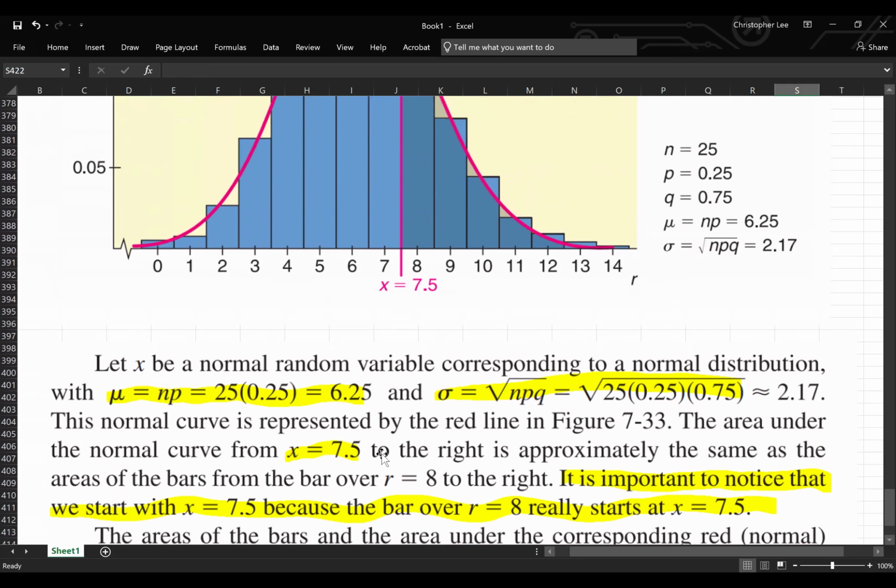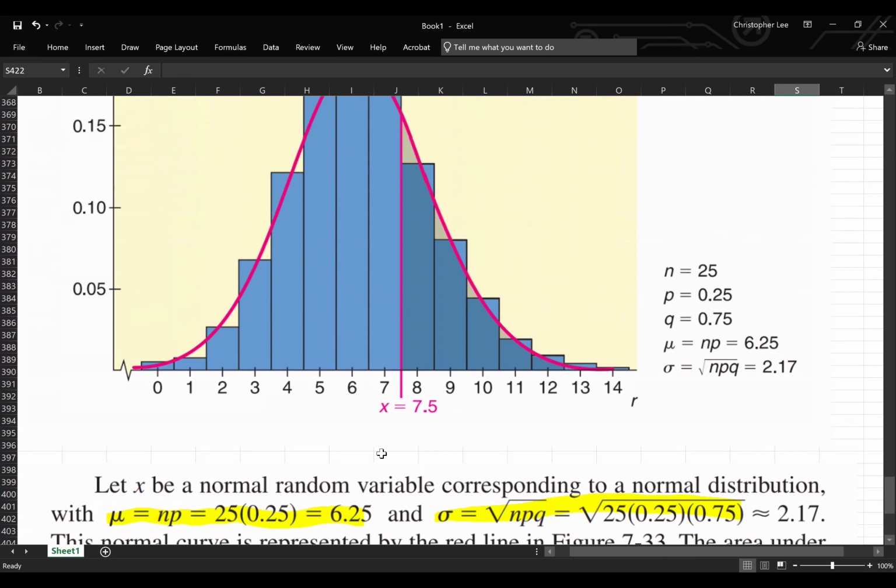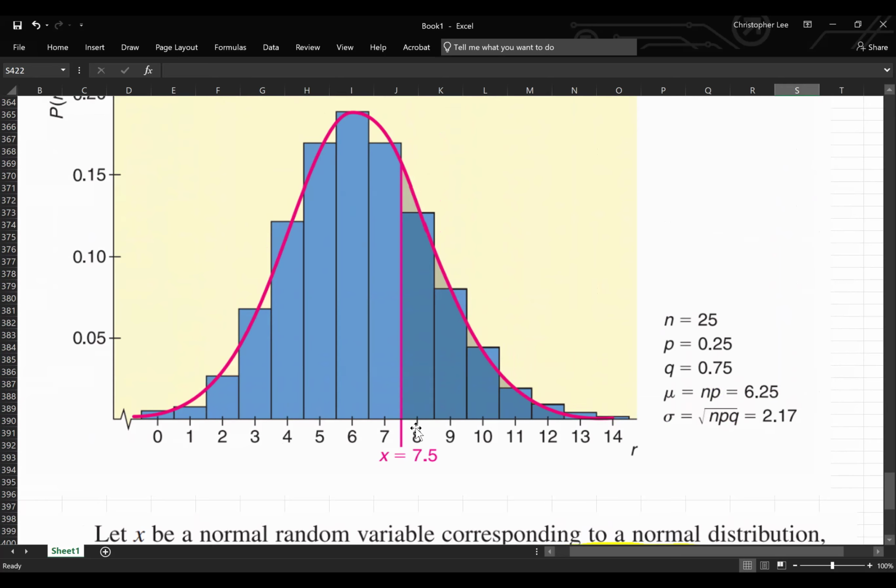This is what they're talking about, right? You remember when we did the histogram? All these numbers right here for the binomial distribution, they're like midpoints, right? So 8 is like in the middle of this bar. But remember when we first did histograms, we used the class boundaries for them, and it would be like a range from this number to that number.